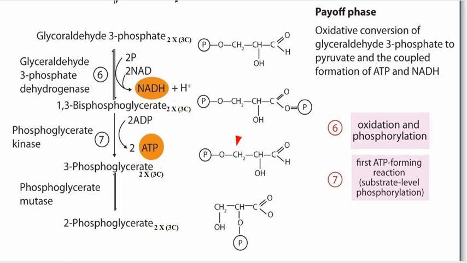Phosphate was there on third carbon, so we have written 3-phosphate. Now phosphate is on second carbon, so we are writing 2-phosphate. So only the position of phosphate has been shifted from third carbon to second carbon.